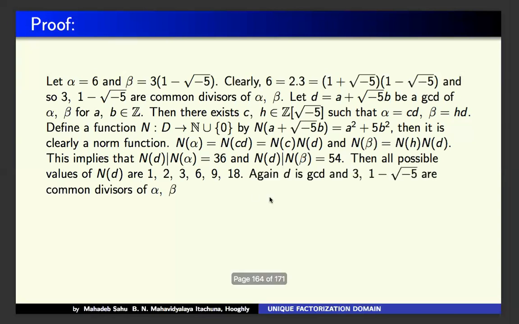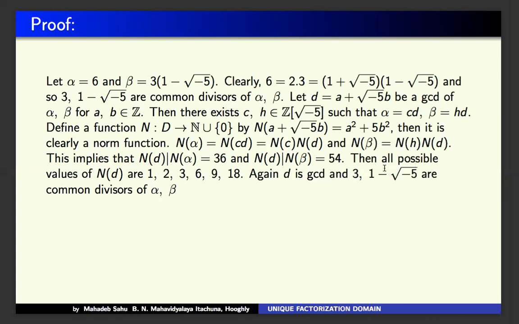Again, d is the GCD of 3 and 1 minus root minus 5, and these are the common divisors of alpha and beta.